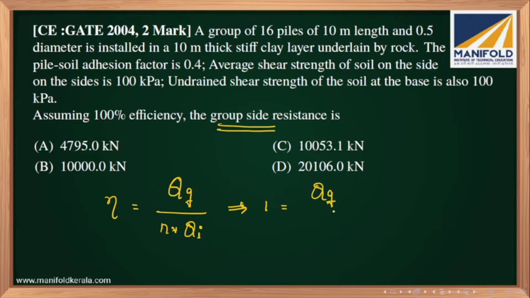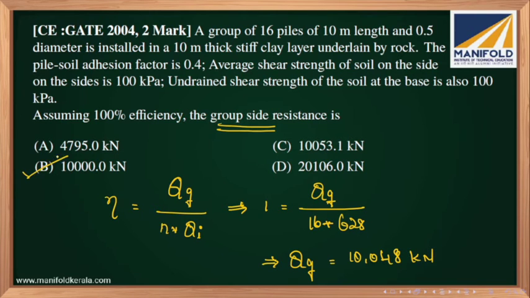So load carrying capacity of a group pile, number of piles equal to 16, and the load carrying capacity of individual pile is 628 kilonewton. By simplifying this, the group load carrying capacity of the given group of piles is equal to 10,048 kilonewton. So let me go with the option B.